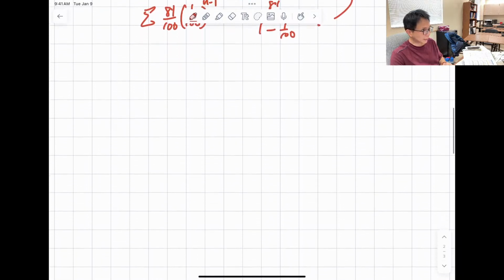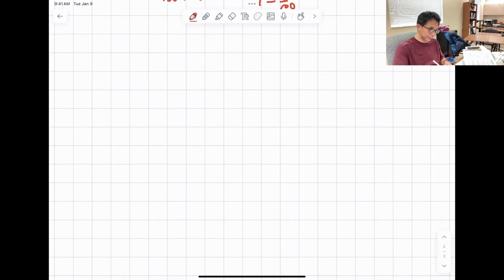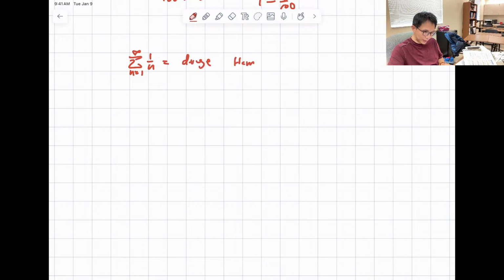We're going to talk about the integral test. So what is the integral test? How many different tests do we have, and how many types of series do we have so far? We have the famous one, the summation from n equals 1 to infinity of 1 over n, which diverges because it's the harmonic series.